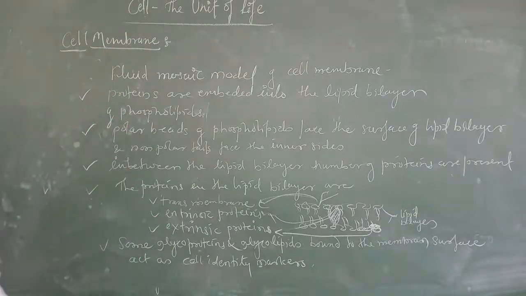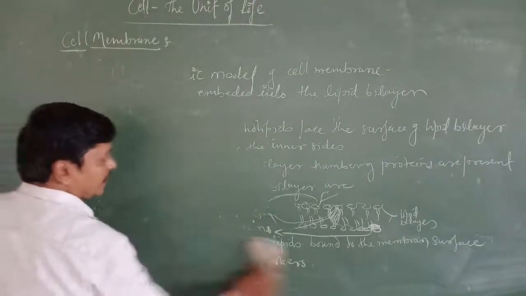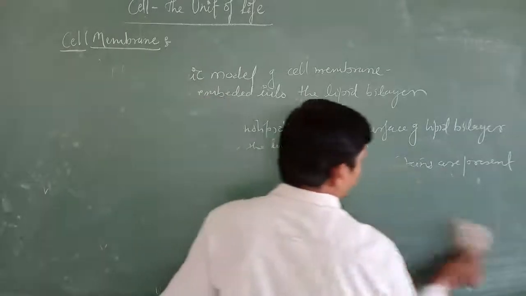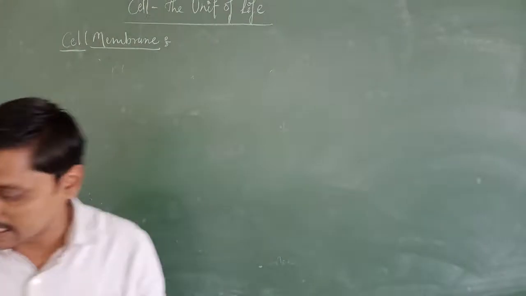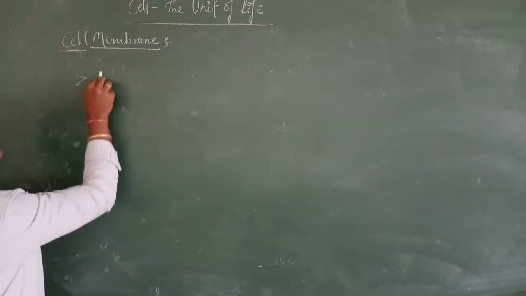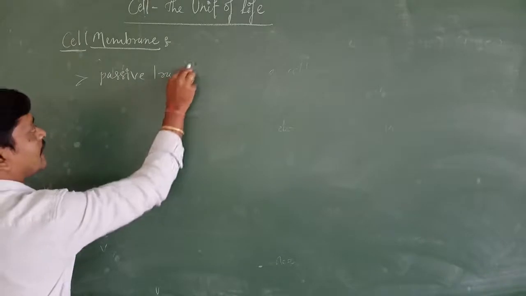What is the function of the cell membrane? The first function of the cell membrane is that it is going to allow or facilitate the transfer of molecules. In the sense, many molecules can move briefly across the membrane. Passive transport. First one is passive transport.